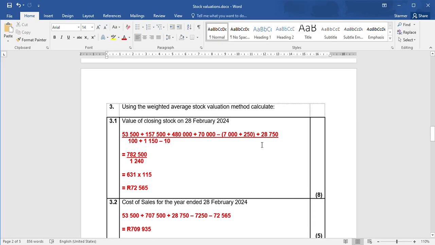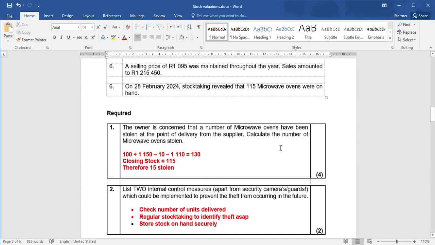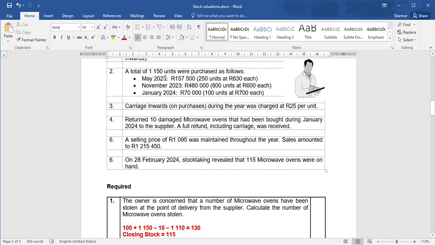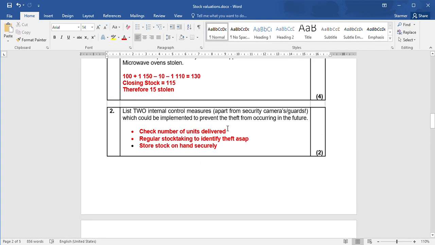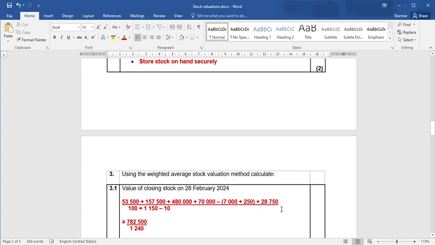So in other words, you're going to take the 7,000 plus the 250. That's 10 microwaves, that's 700 Rand each, 25 Rand for 10 microwaves, so you times 25 by 10. Then this 28750 here is your carriage on purchases. So you take the number of units you've purchased here, 1150, and you multiply by 25, and that gives you your 28750.